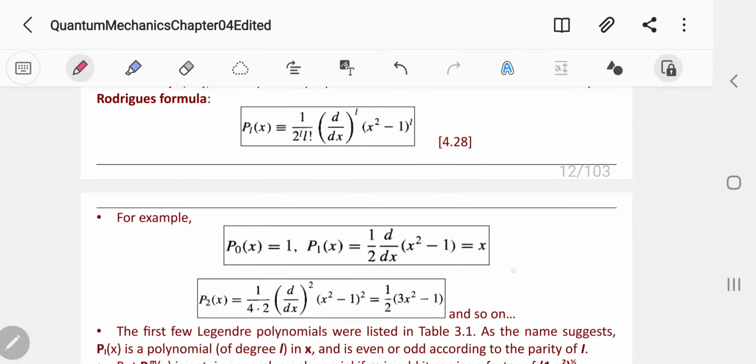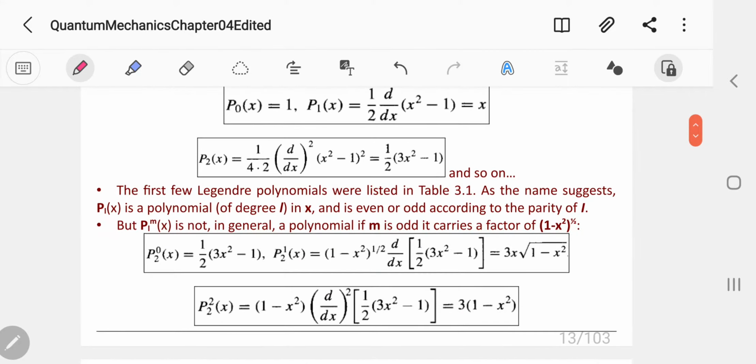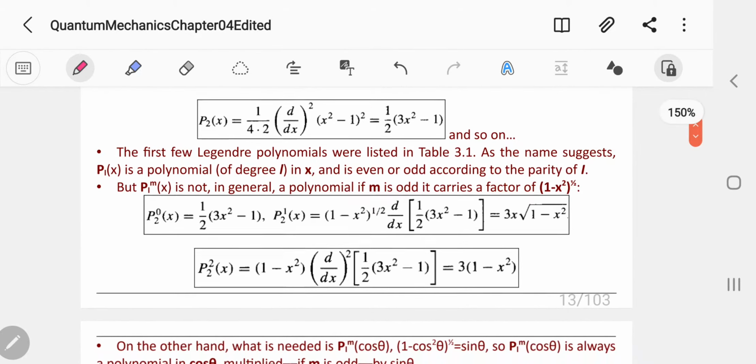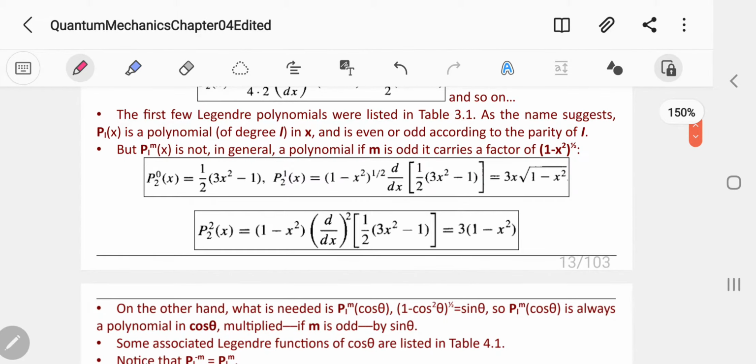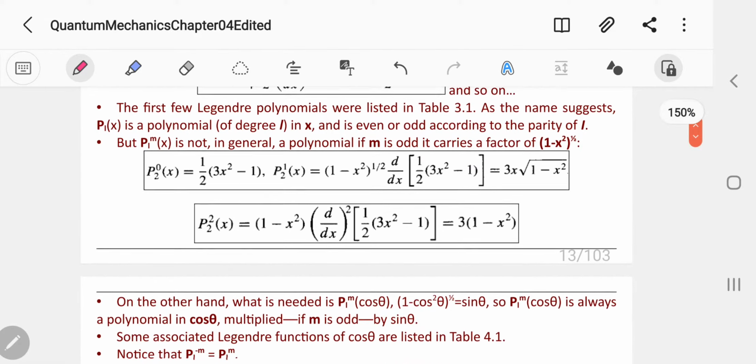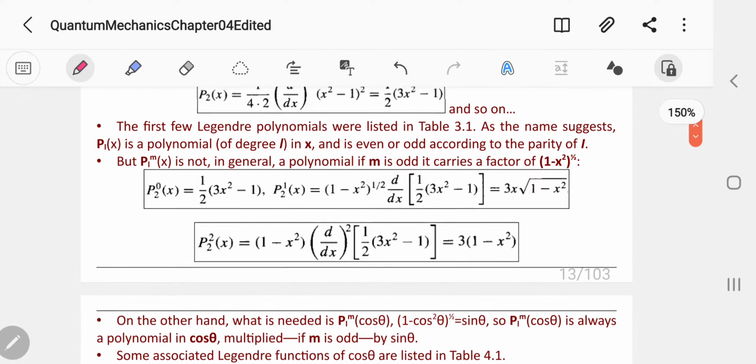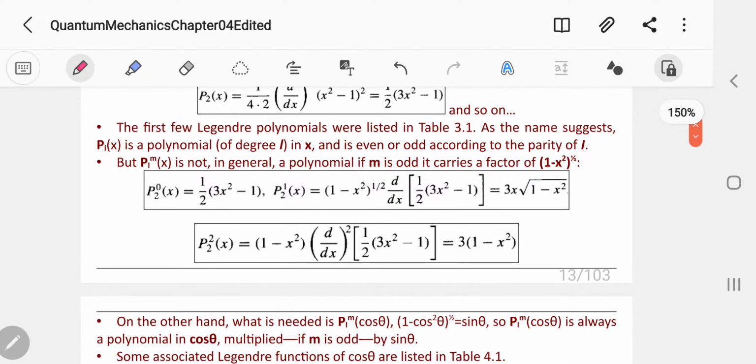You can solve that in your free time. And for the associated Legendre polynomial, you can also generate them.